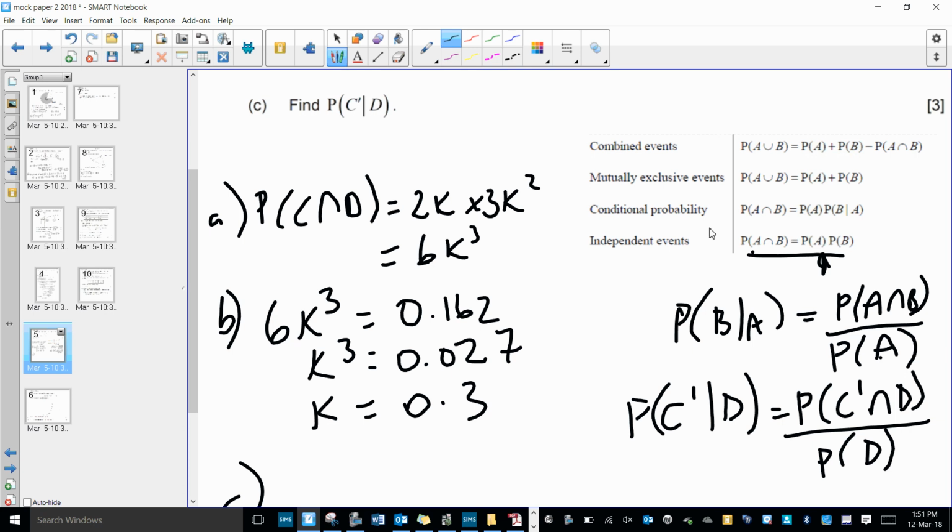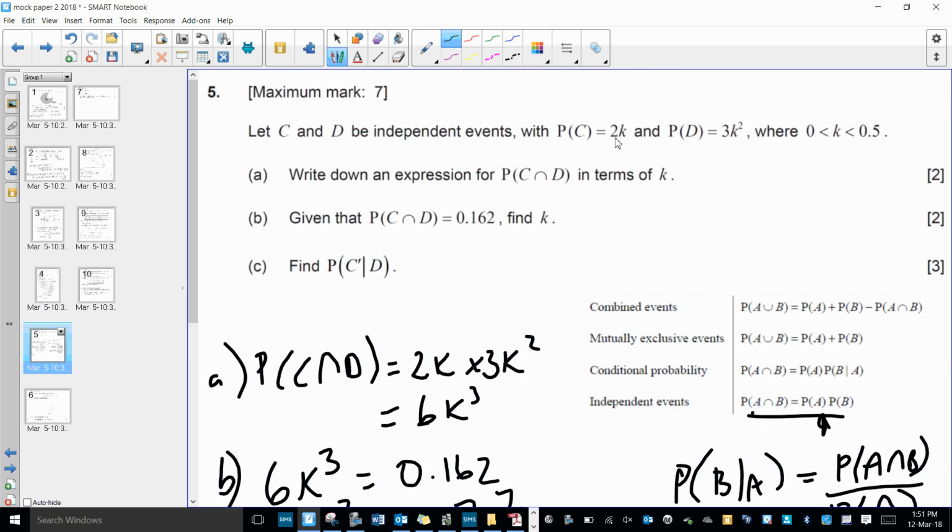So we need to find not C intersecting D, so not C would be 1 minus 2k. Intersecting with this, we would multiply these two expressions together.